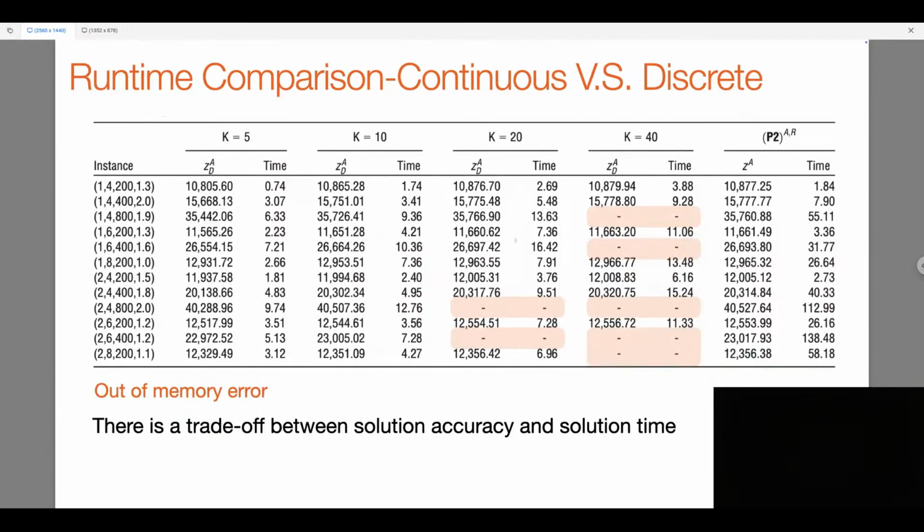And for K equal to 10, the result is also quite close, but the time used is much less than the continuous case.